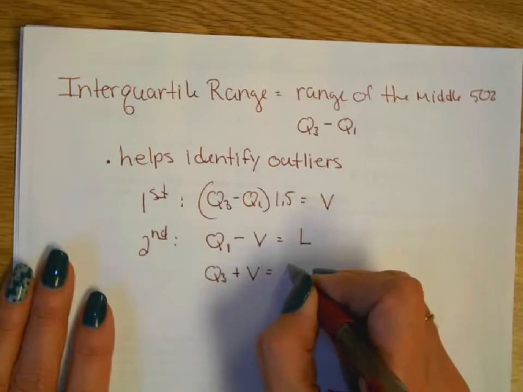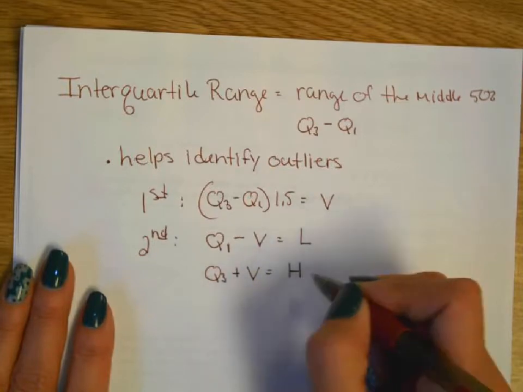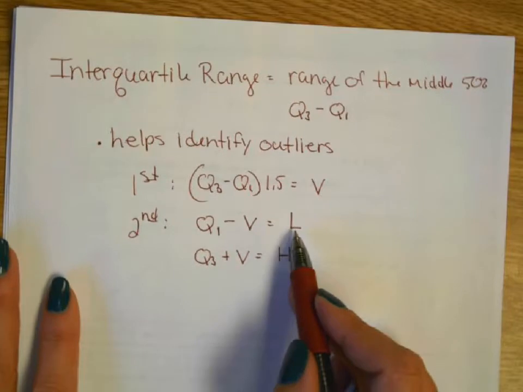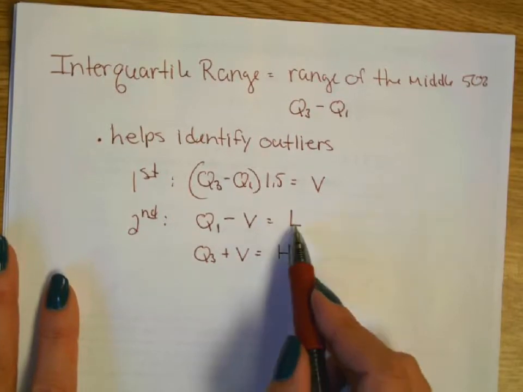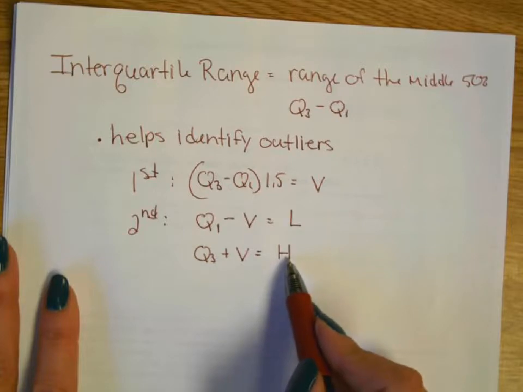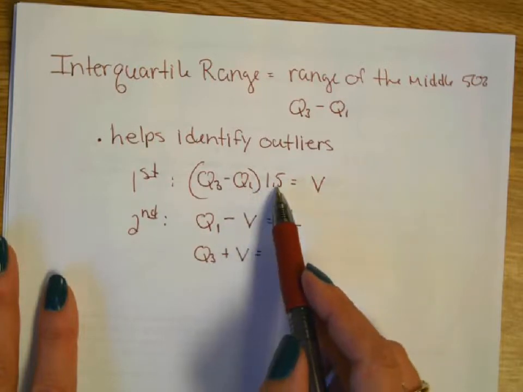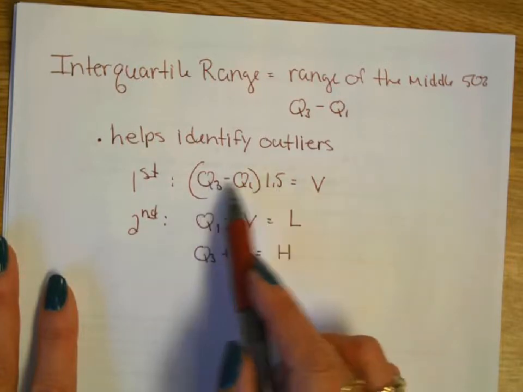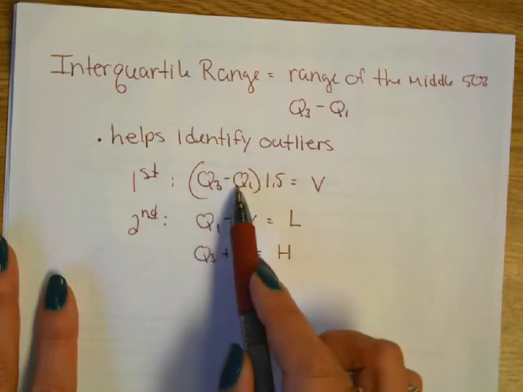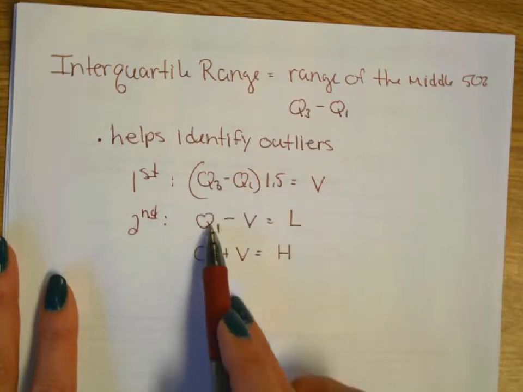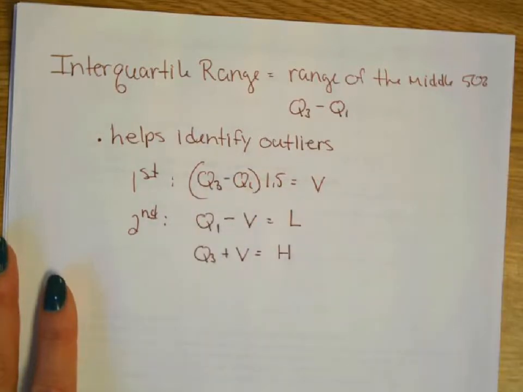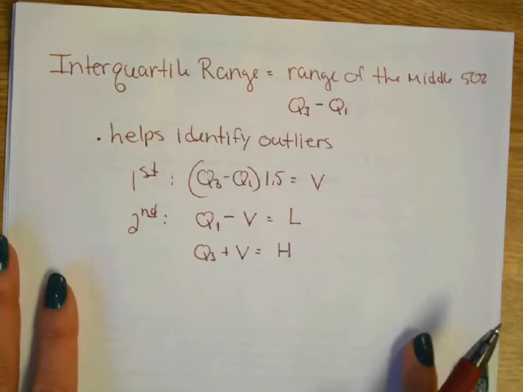It's going to give us a number on the high end. And what happens is if we have any data values that are lower than this low or higher than this high, those are considered outliers. So what it is if they're more than 1.5 times the interquartile range away from the quartiles, then they are considered outliers.